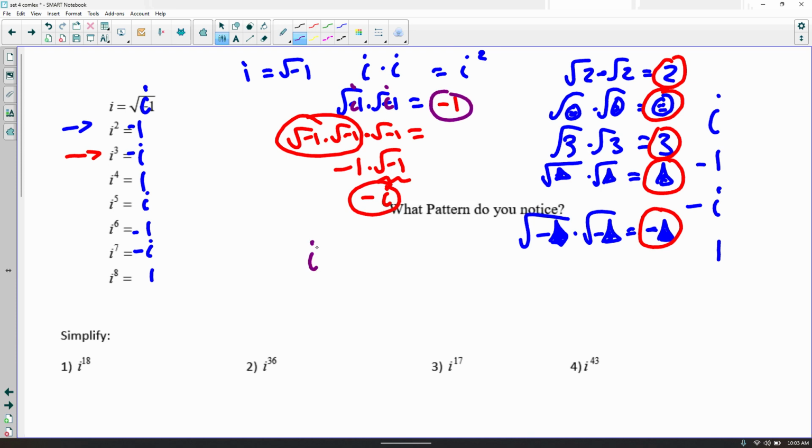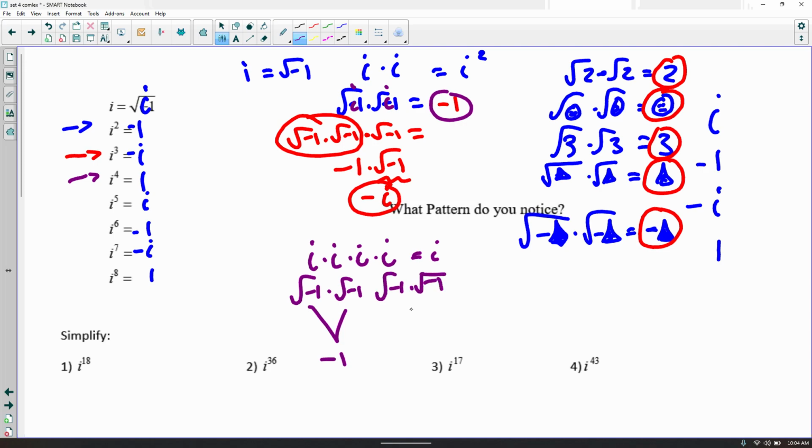So Houchins, what is i times i times i times i? What's 4 of them going to be? Okay. That's what that one is. But this is the square root of negative 1 times the square root of negative 1, which we know is what again? Negative 1. What's the square root of negative 1 times the square root of negative 1?